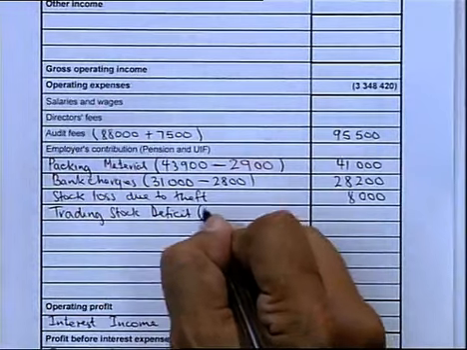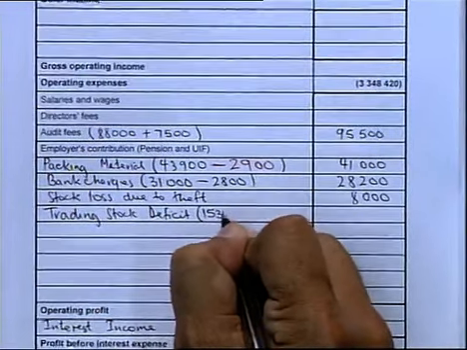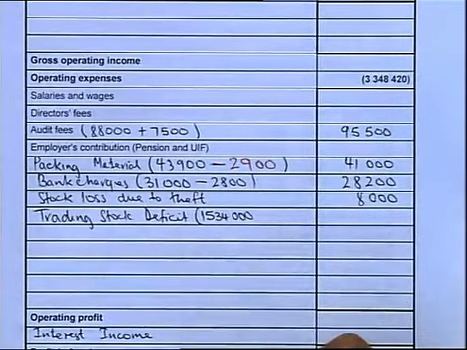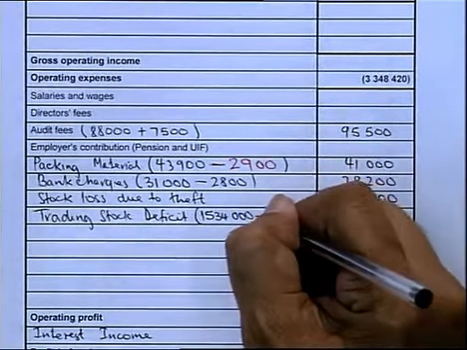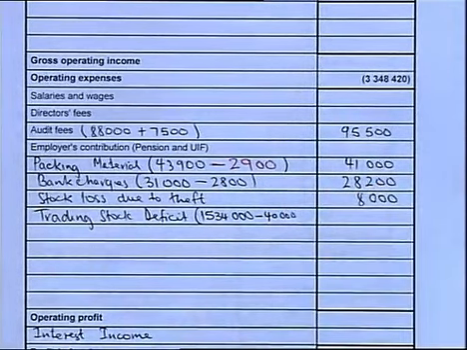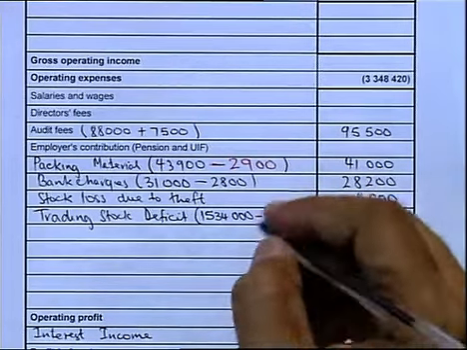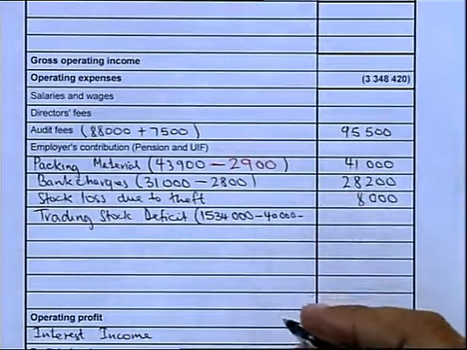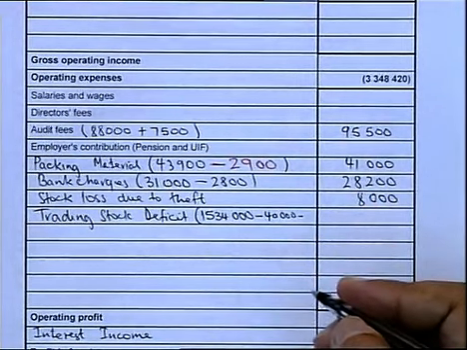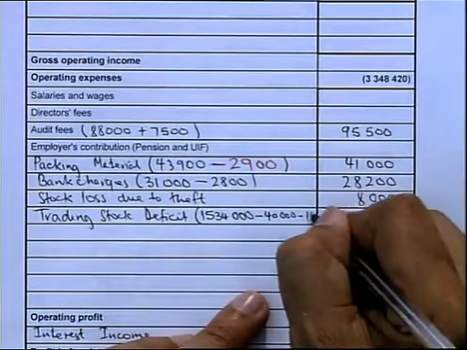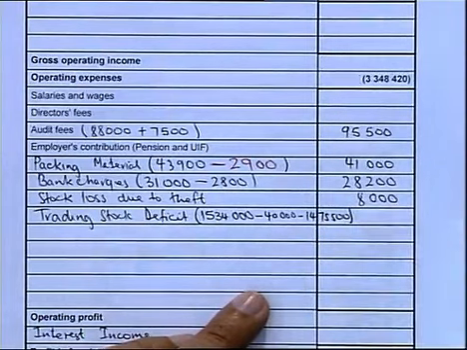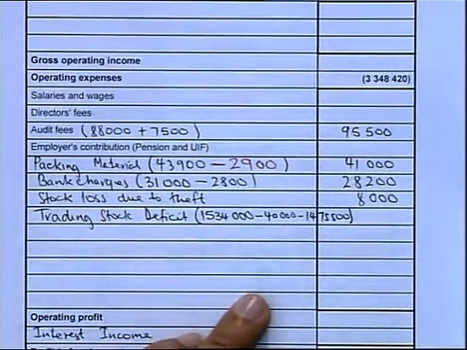That will be 1,534,000, minus the stock that was stolen, and then we minus whatever we have on hand, which is 1,475,500. We close the bracket, and then we get an answer.